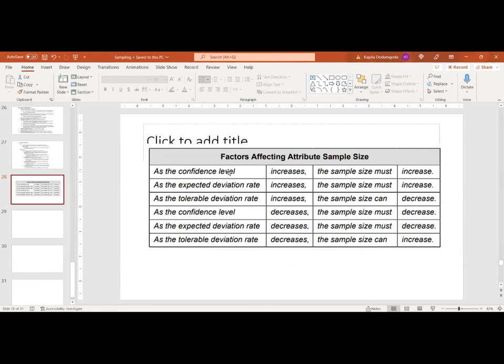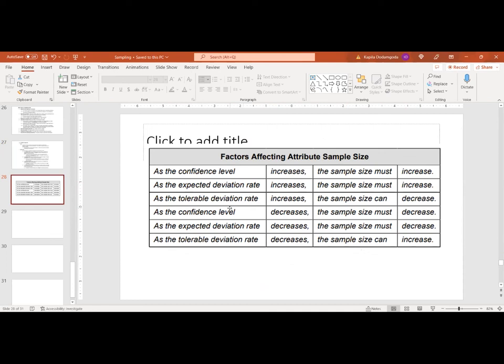As the confidence level increases, the sample size also should increase. You want to come to conclusions with higher confidence, the bigger the sample should be. Expected deviations are higher, non-compliance is higher, then the sample size should be higher.